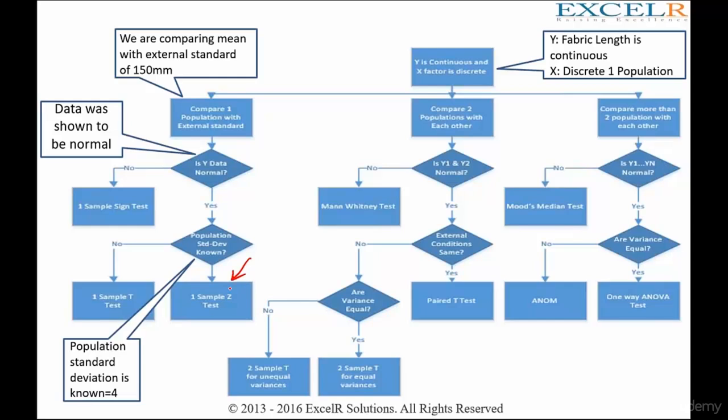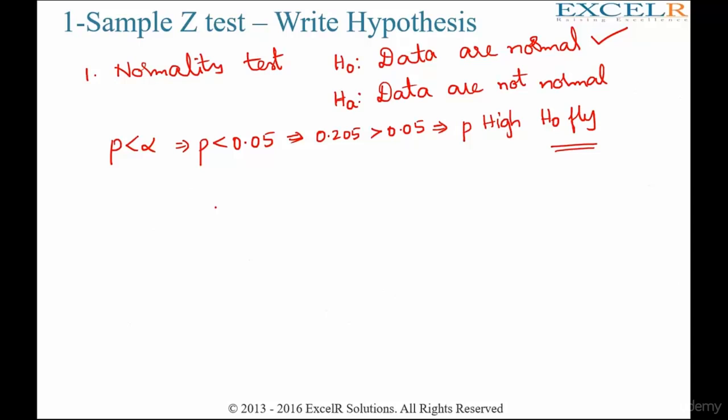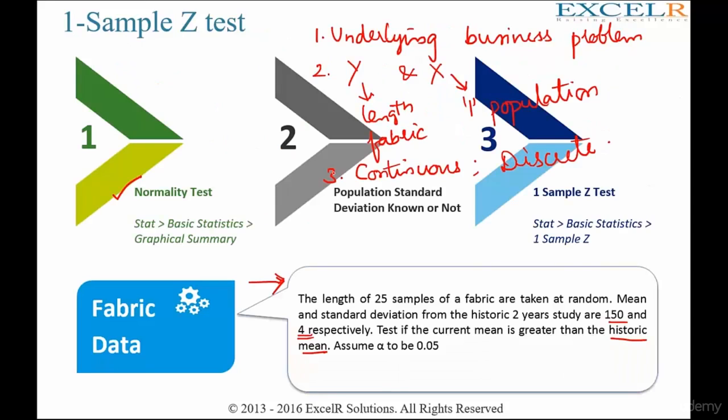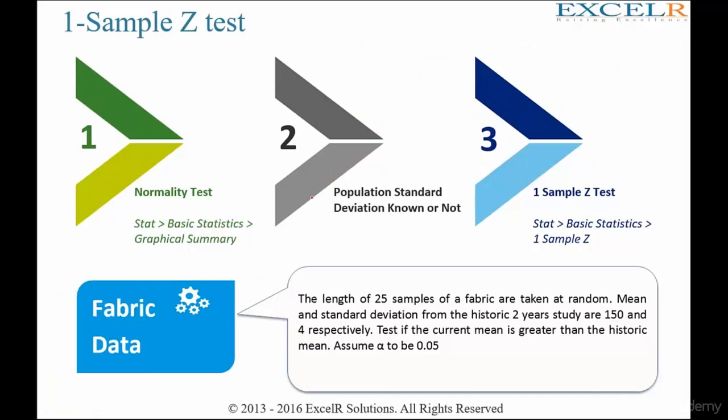So now we need to perform this one sample z-test. Let us do that. So we are done with the normality test. Let me erase everything. We check whether population standard deviation was known or not. And we came to know that population standard deviation is known.